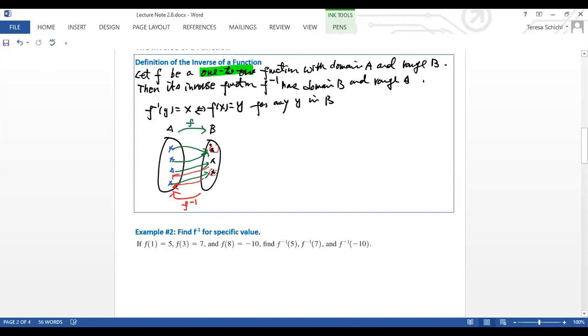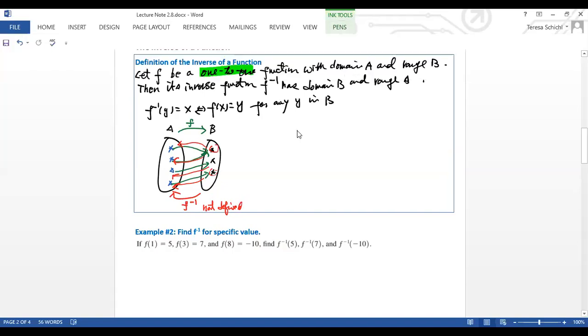But for these ones here, when I go backward, I have two values, right? One value cannot have two outputs if you define a function, so f inverse in this situation is not defined, correct? It's not defined, because this is not one-to-one.